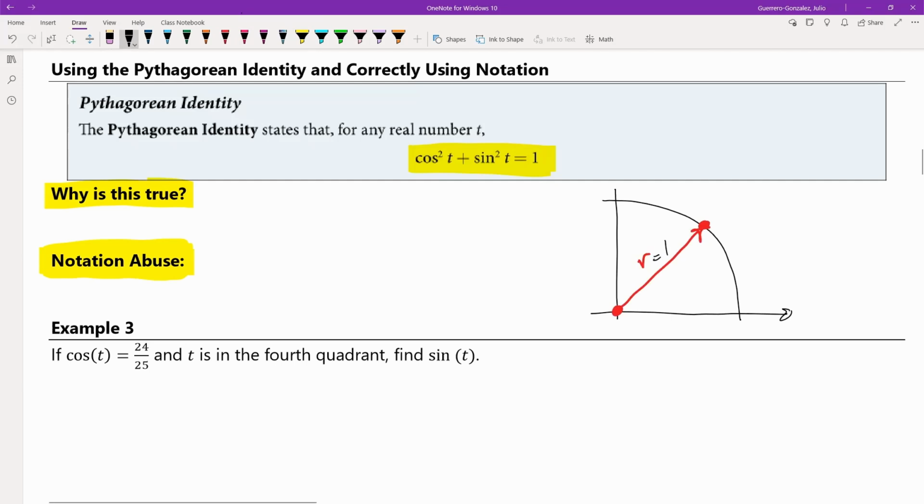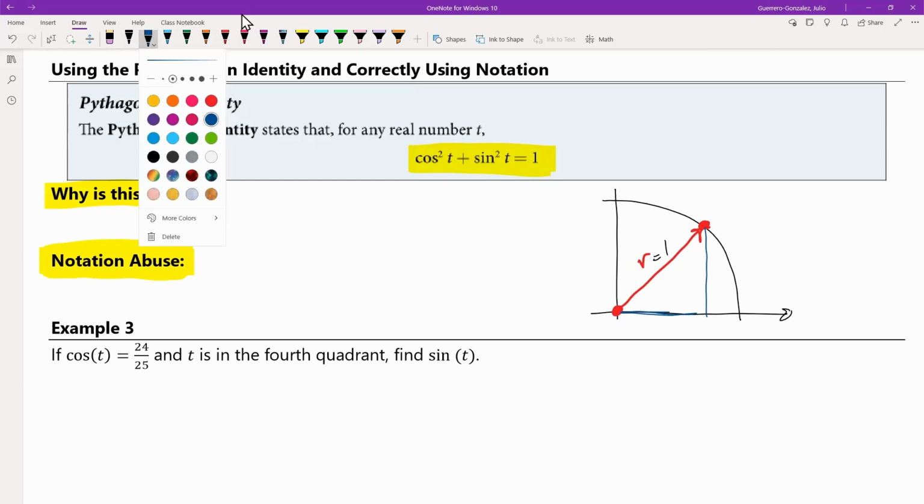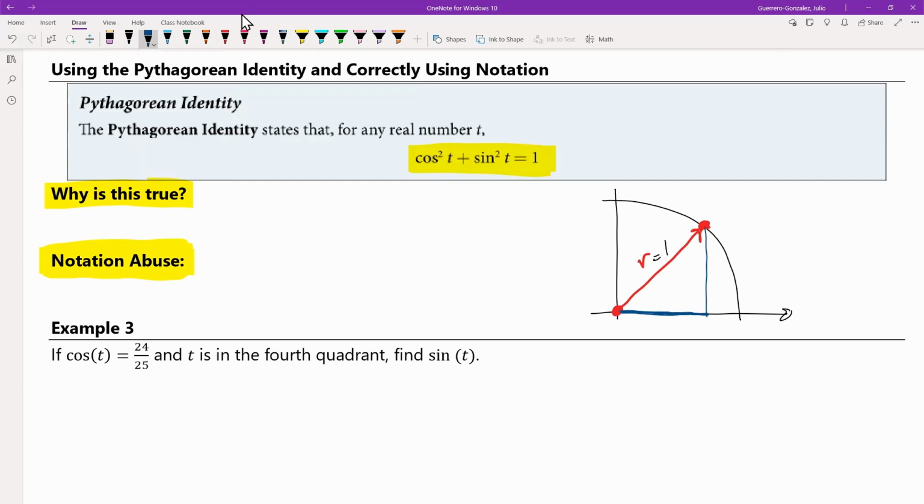Remember how I put this down, there was going to be a triangle that showed up. There's a triangle that showed up, and that triangle had a right angle right here. For some angle t, this angle right here is an angle t.